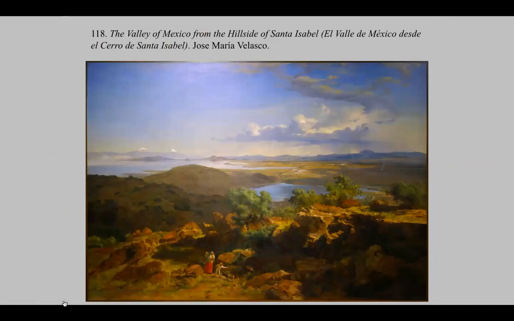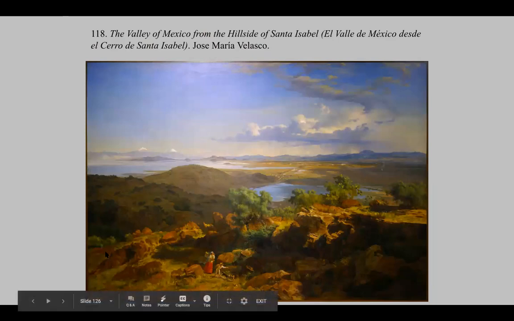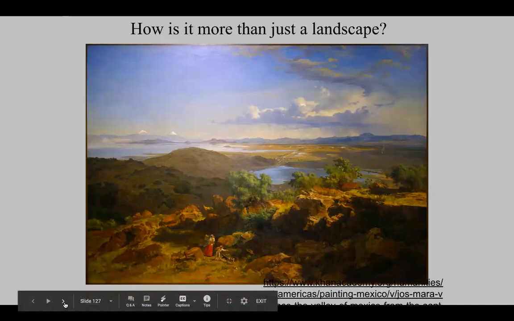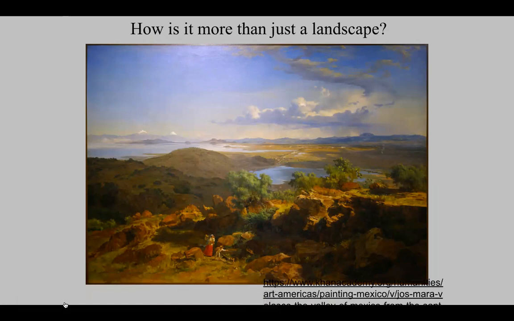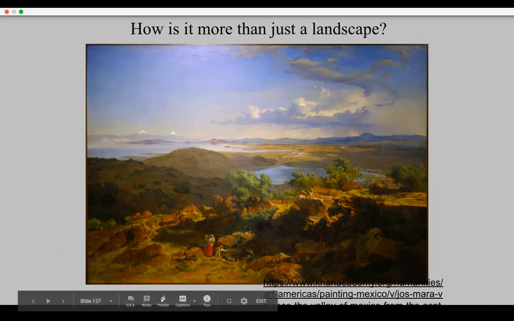Okay, the last painting that we are going to go over today is the Valley of Mexico from the hillside of Santa Isabel by Jose Maria Velasco. So we're going to be focusing on how it's more than a landscape, right? How is this painting more than a landscape?